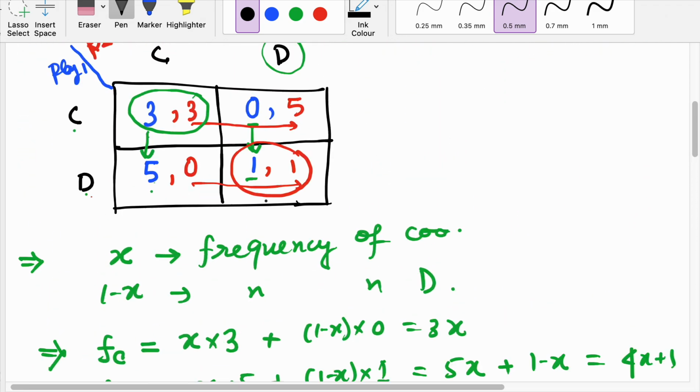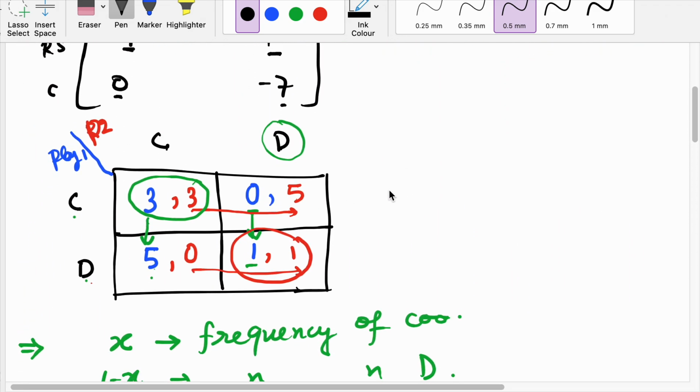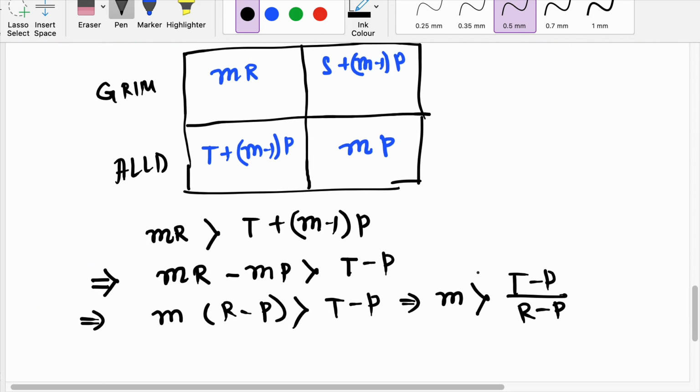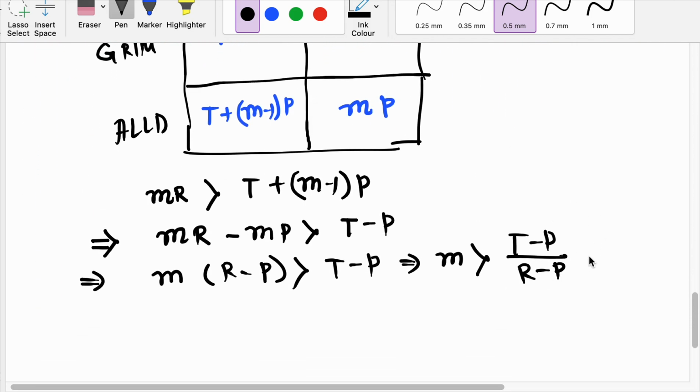So if I put some numbers here, R is 3, S is 0, T is 5, and P is 1. So it will be 4 by 2, equal to 2.